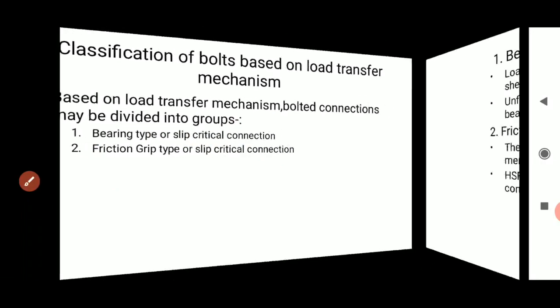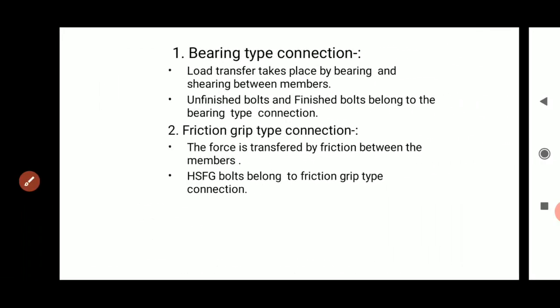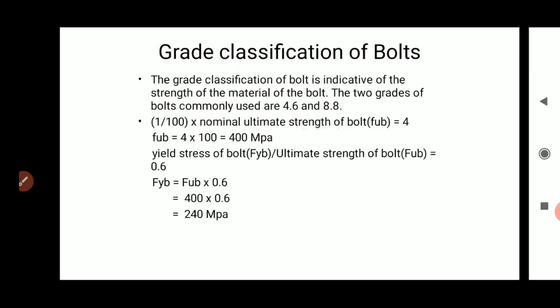In bearing type of connection, the force is transmitted by bearing and shearing actions, so the unfinished bolts and finished bolts belong to this kind of connection. In case of friction grip type of connection, due to the tightened connection, the force is transferred by the friction between the members, and HSFG bolt is an example of friction grip type of connection.